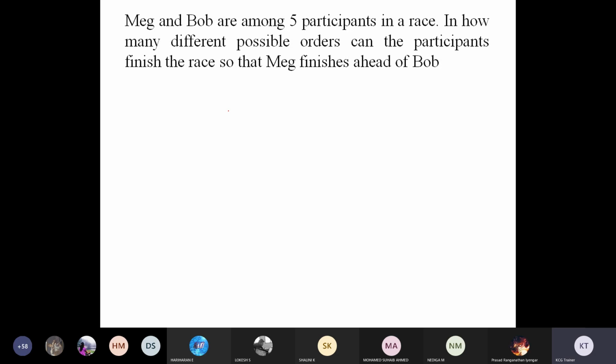Different possible orders means in how many ways the 5 people can be arranged in 5 positions, so that Meg always finishes ahead of Bob. So Meg should always be in a better position compared to Bob. They have restricted the positions of Bob because Bob's position depends on Meg. Is it clear? Meg's position does not depend on anyone else, but Bob's position depends on Meg.